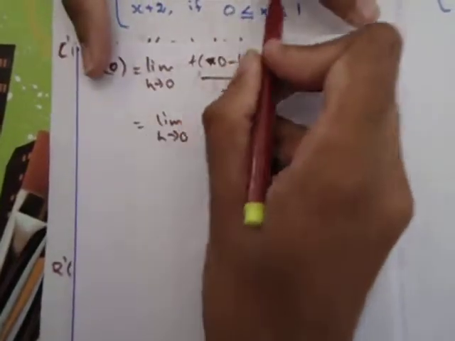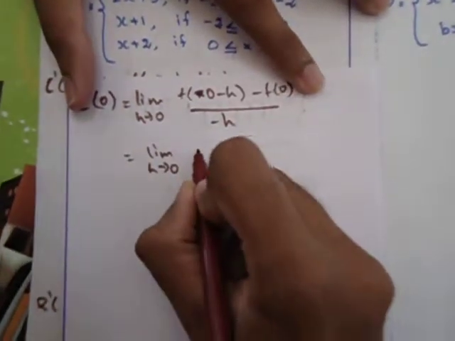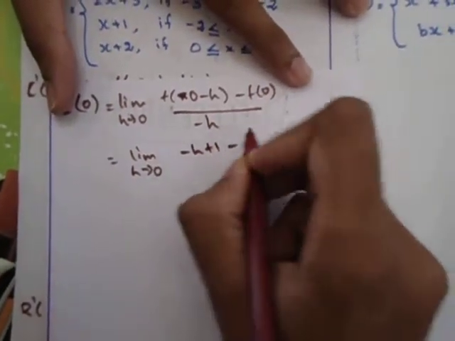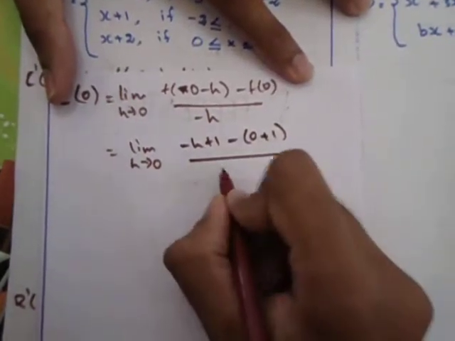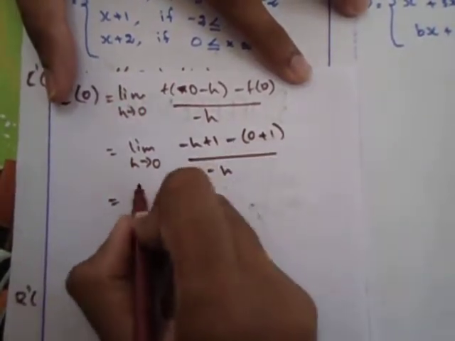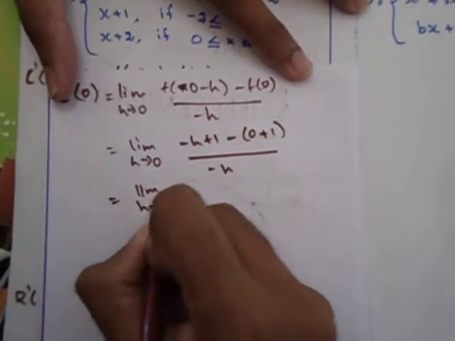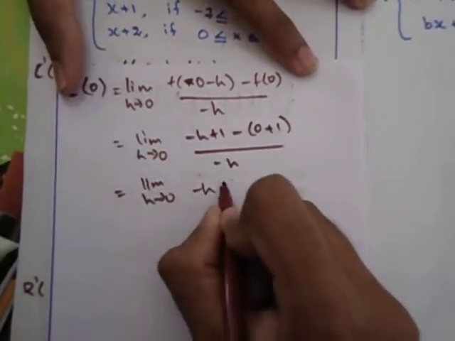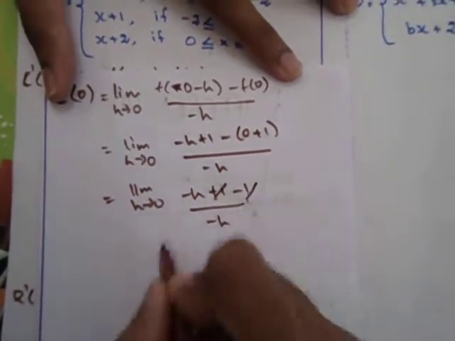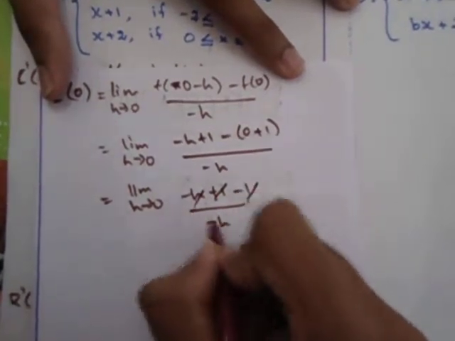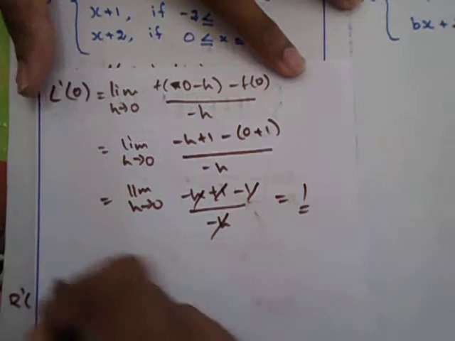When we substitute 0 minus h in this, we get minus h plus 1 minus 0 plus 1 by minus h. So this becomes limit h tends to 0 minus h plus 1 minus 1 by minus h. These two get cancelled and these two get cancelled, so we get 1.